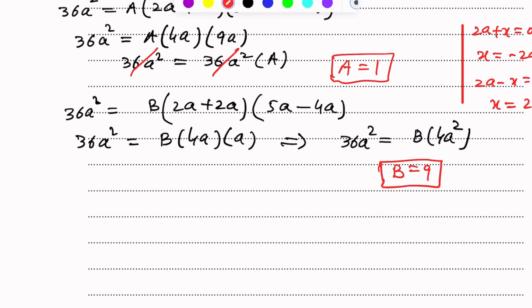Similarly, we put the third factor equal to 0, that is 5a minus 2x is equal to 0, so from here x is equal to 5a over 2.